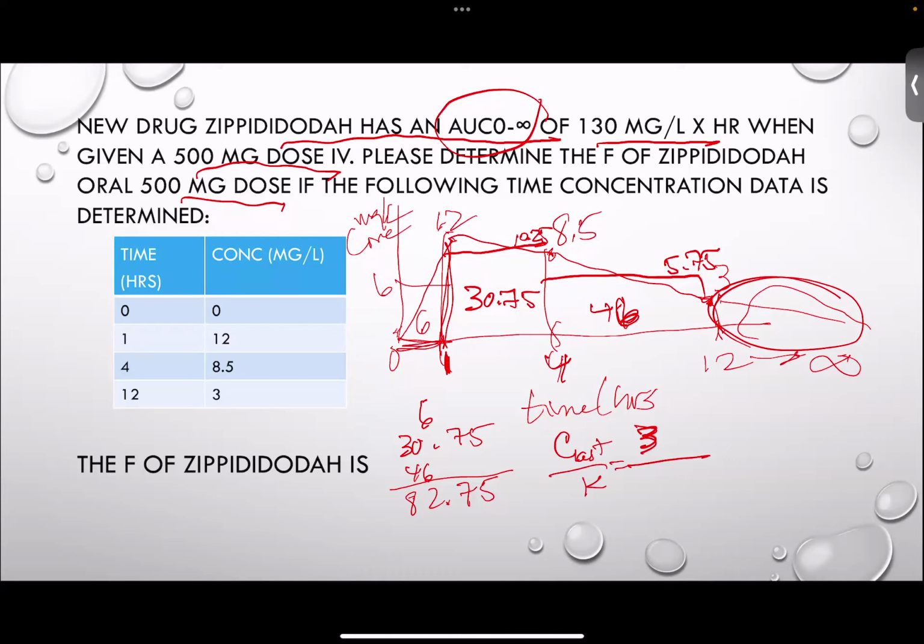So let's see, I would say rise over run. So natural log 3 minus natural log 12 divided by, what's the difference in time here? 11 hours. Yeah, we're going to have a negative number, but our K is not negative, is it? Get the natural log of that.